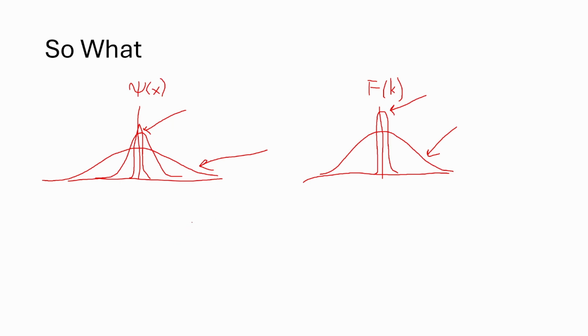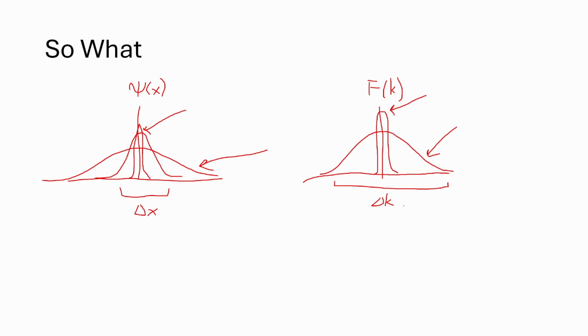And the reason this is important quantum mechanically is because it means that there is a trade-off between these two functions. Remember I said A was essentially the width of this function. So if I have my wave function that has some uncertainty in x, then that tells me that there is going to be some corresponding uncertainty in its frequency content, delta k.